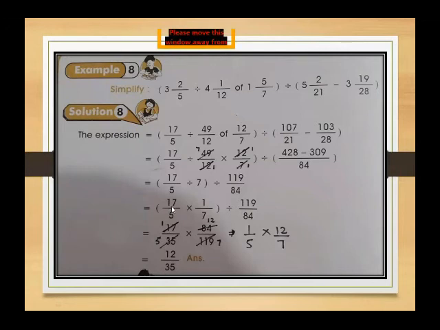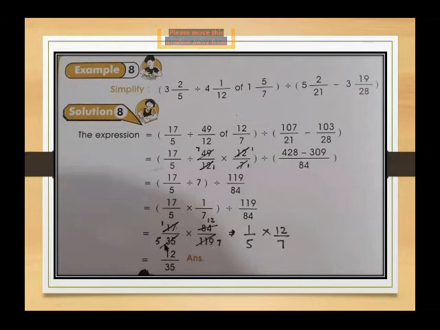After multiplication, you get 17 ones are 17 and 5 sevens are 35. Only one term remaining, so we remove the bracket.